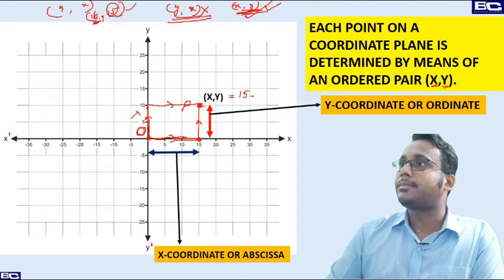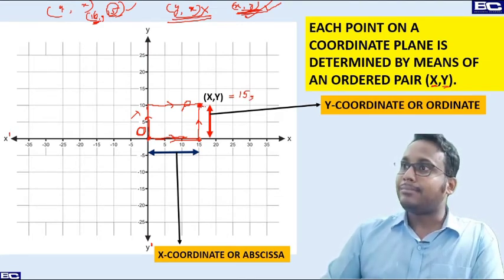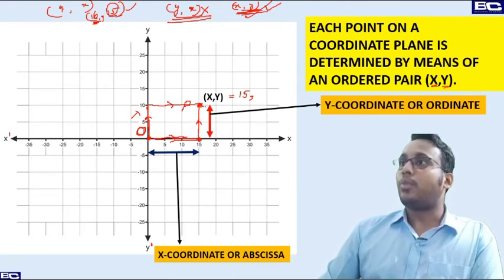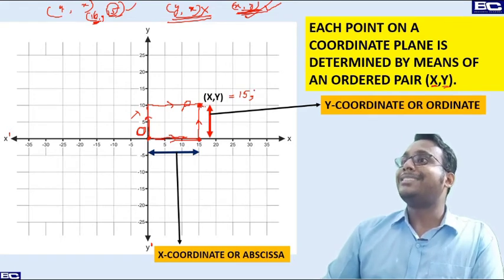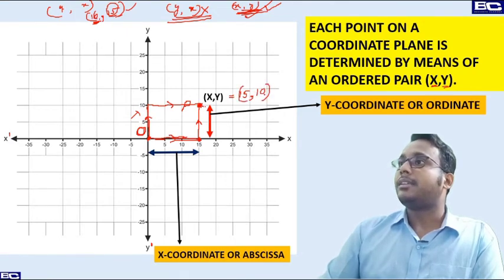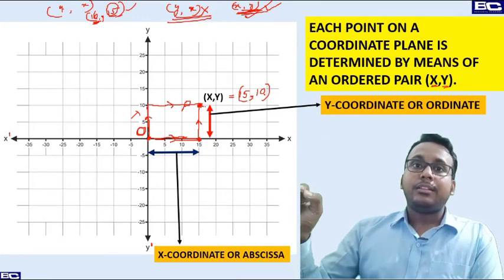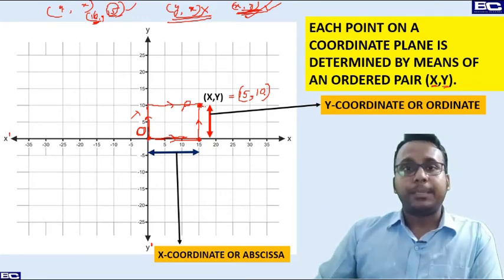So in the place of x you replace it with 15, and after reaching 15 centimeter on x, you need to go through the y-axis up to 10 centimeters. So the y coordinate or ordinate of the point is 10. So this is simply the coordinate of the point P.